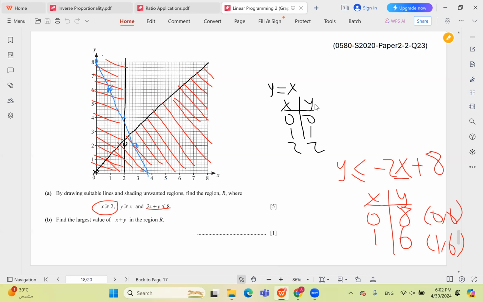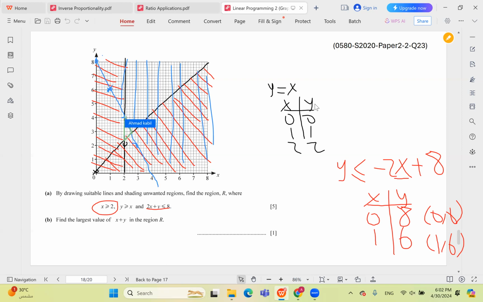So let me draw this line again because it was not very accurate. So it should be something more like this. And we want y to be less than, so we're going to shade everything above it. So we're left with a very small and very particular region here, which is this green triangle right there.